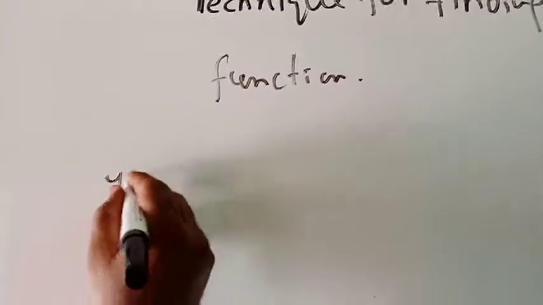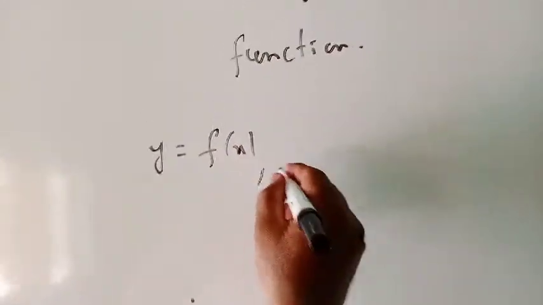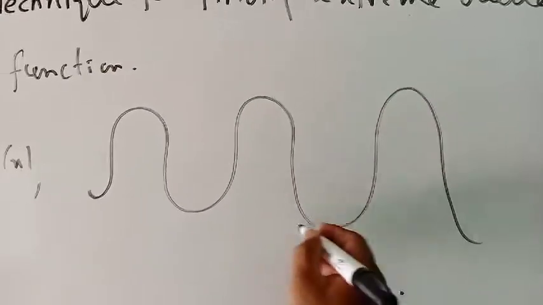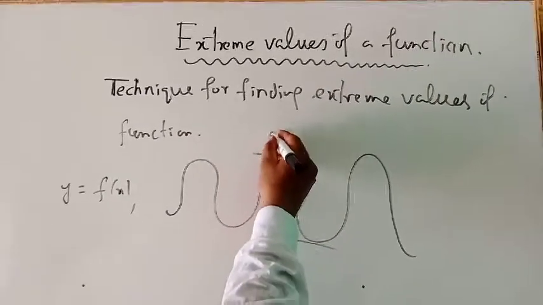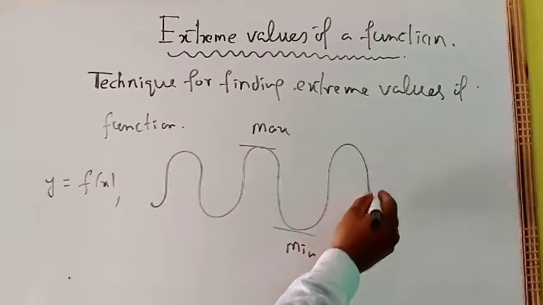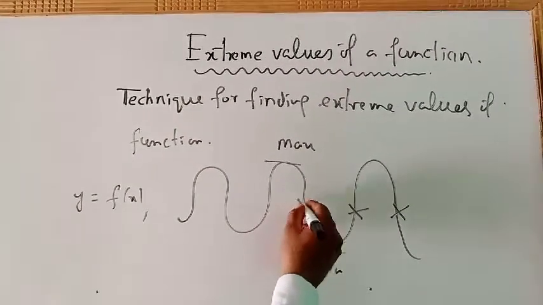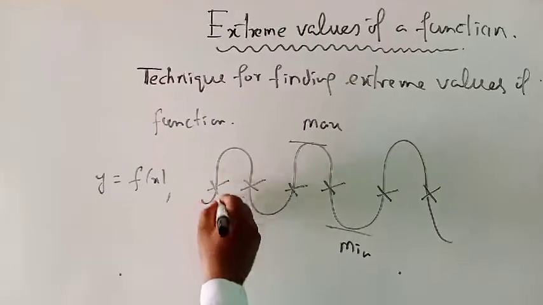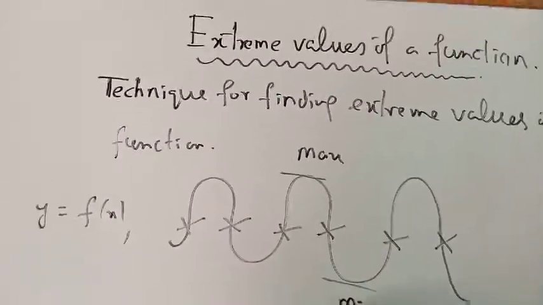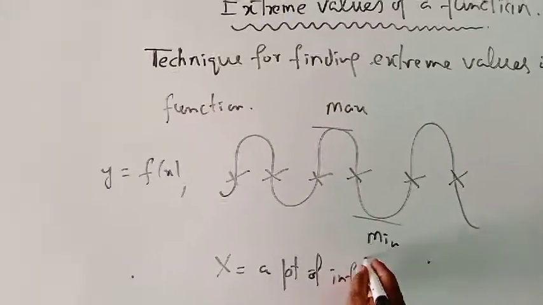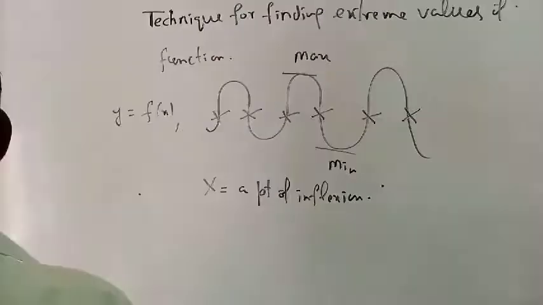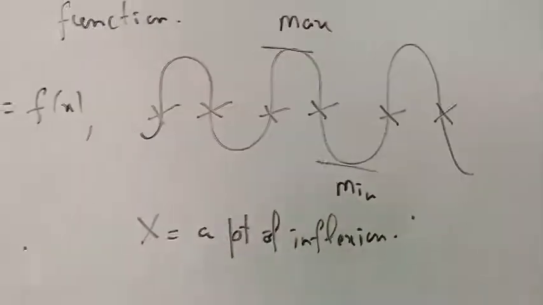If we have a graph of the function y is equal to f of x like this, then at certain stages the graph has a maximum value, at other stages it has a minimum value, and there are certain points, and a cross denotes a point of inflection. In this lecture, I will briefly describe how to find the extreme values of the function.